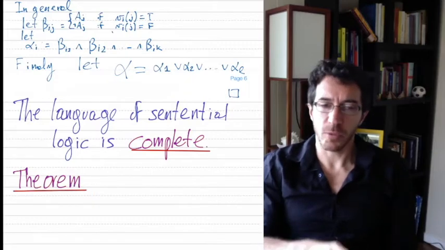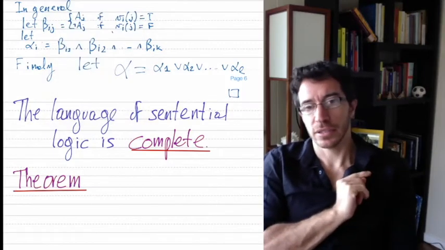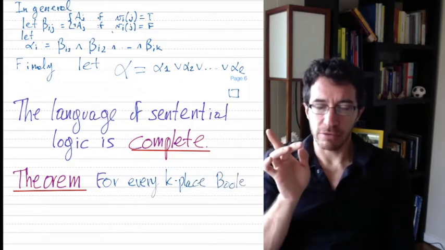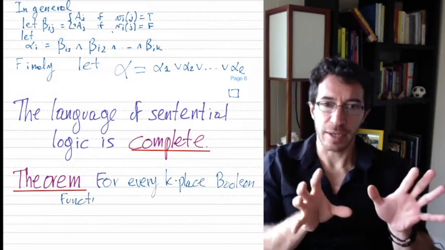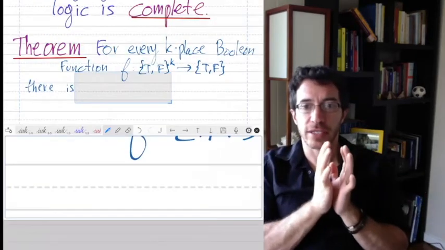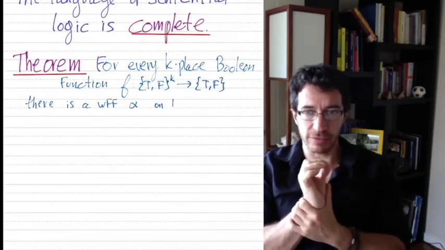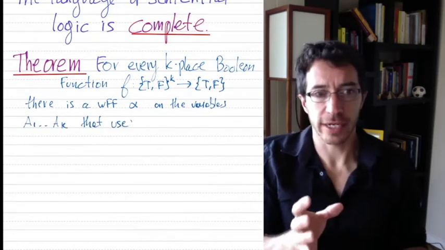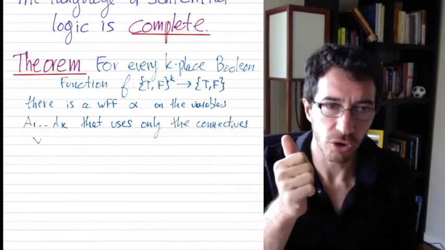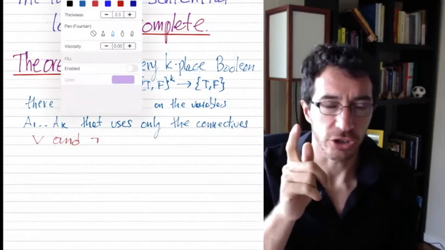We can improve this result a little bit, and show that every k-place Boolean function not only comes from a well-formed formula, but there is a well-formed formula alpha on the variables a1 up to ak that uses only the connectives or and not.